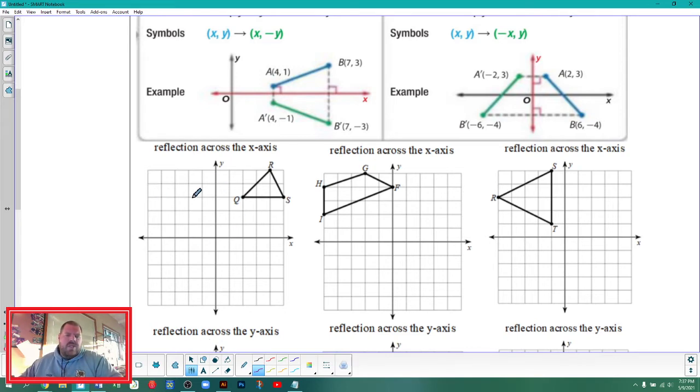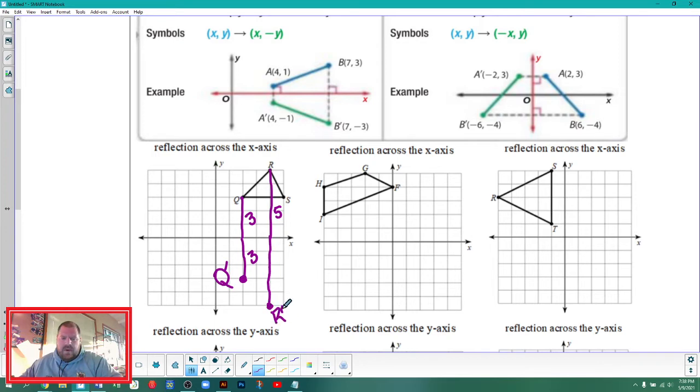So this first one, we want to reflect it across the x-axis. I'm going to take Q here, and it's 3 units away from the x-axis. So I'm going to move 3 units to the other side of the x-axis and put its corresponding point Q prime. R is 1, 2, 3, 4, 5 units away, so R prime is going to move 5 units away in the same direction.